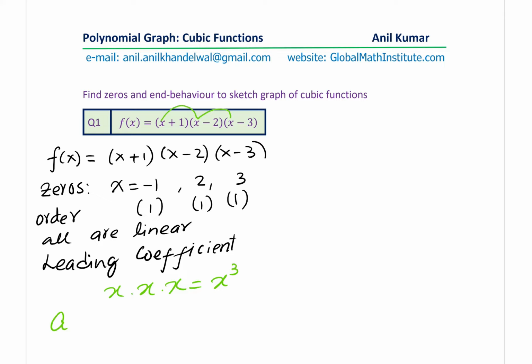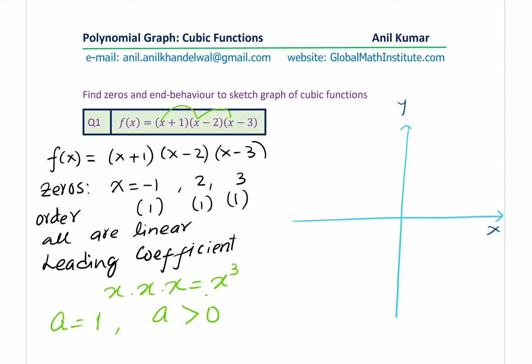So the value of a is equal to 1 in this particular case. Do you see that? So that becomes the leading coefficient, and clearly the value of a is greater than 0. Now with that in mind, let's try to sketch the graph. So let me draw the axis first. So we have the horizontal x-axis and the vertical y-axis.